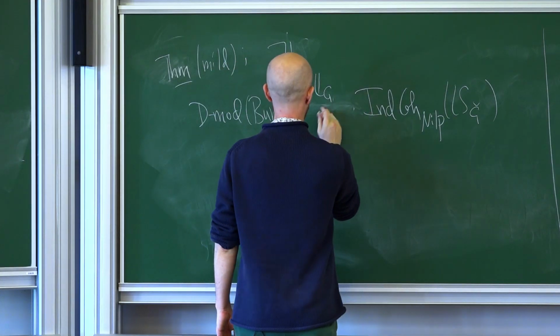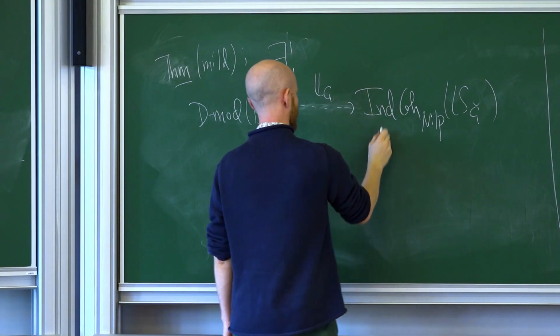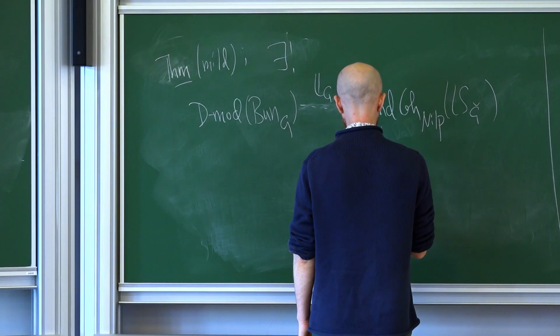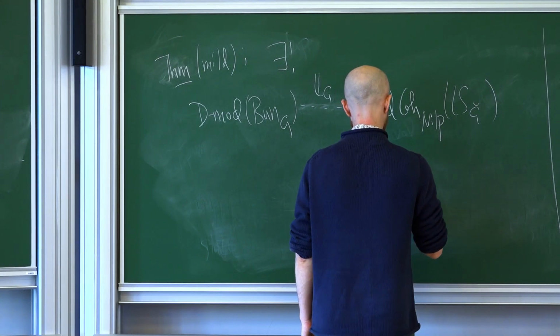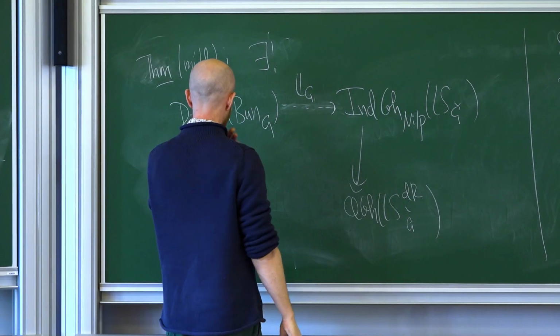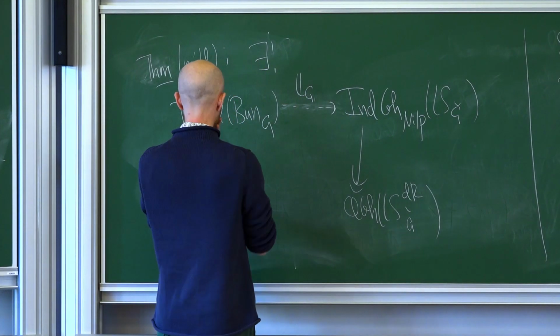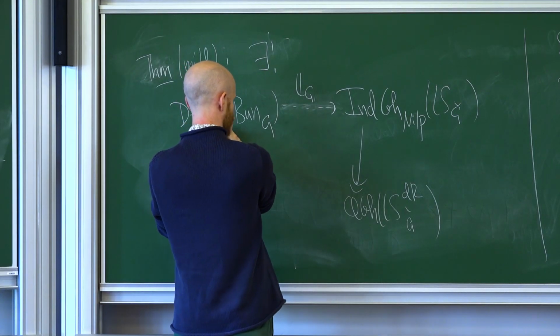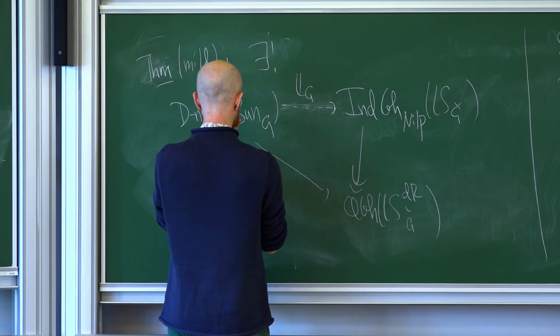Okay. There exists a unique lift like this. So this is this projection down to QCoh of LocSys G check that we discussed last time. And this is this LG coarse.